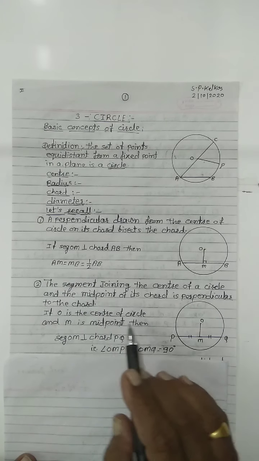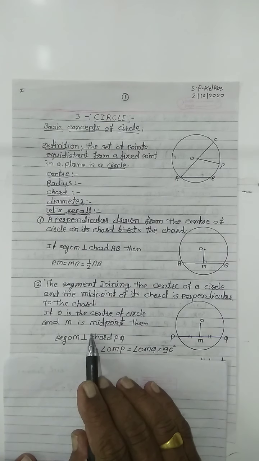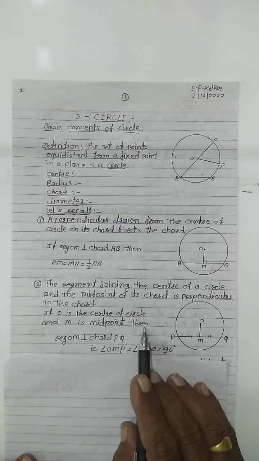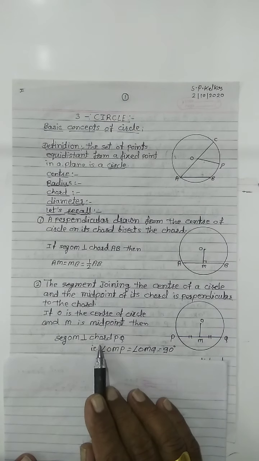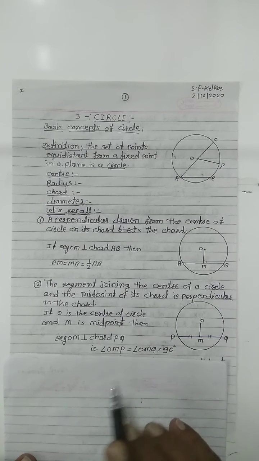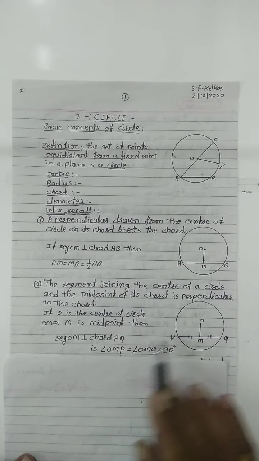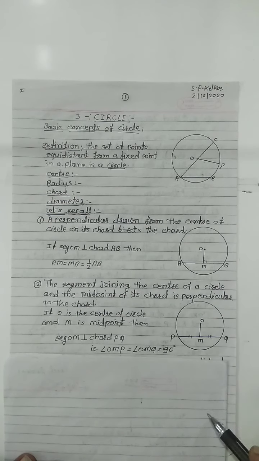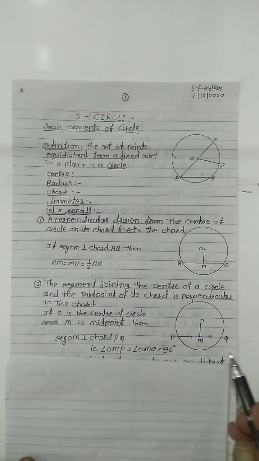If O is the center of circle and M is the midpoint of the chord, segment OM perpendicular chord PQ, that is angle OMP and angle OMQ is having 90 degree.